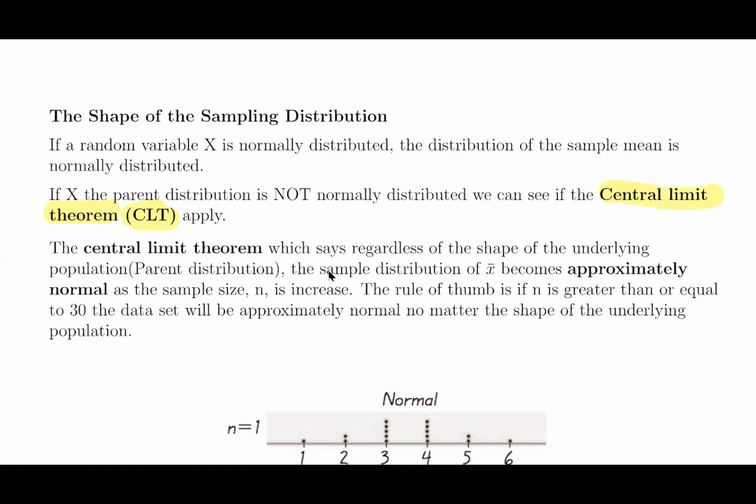If n is greater than or equal to 30, we can say our distribution is approximately normal. So that's what the central limit theorem said.